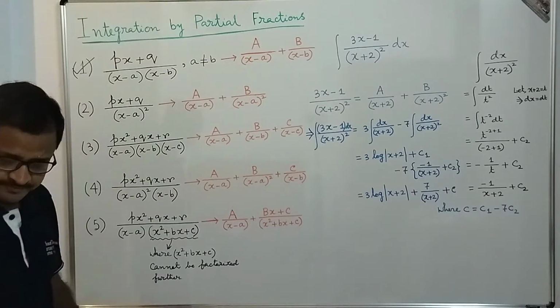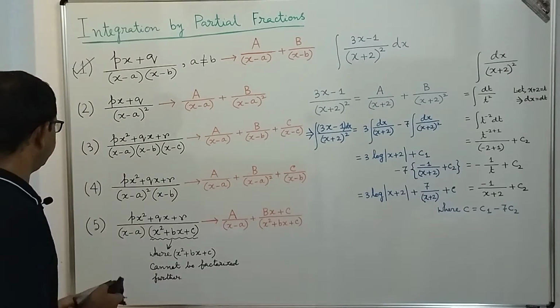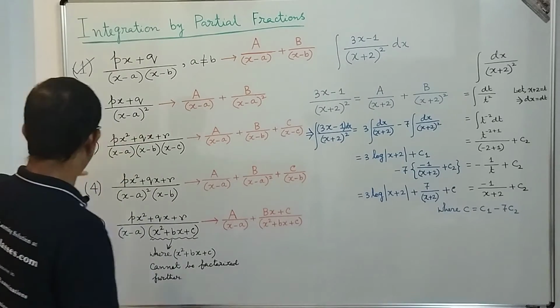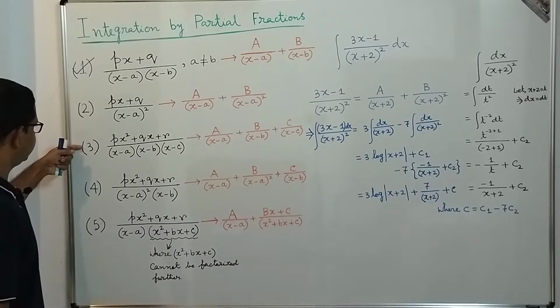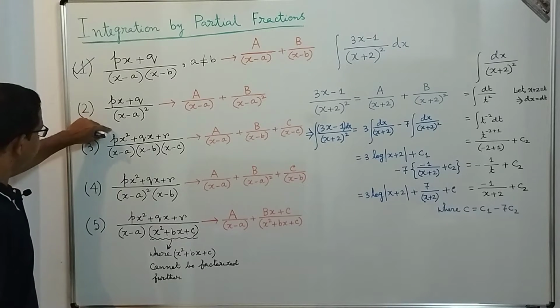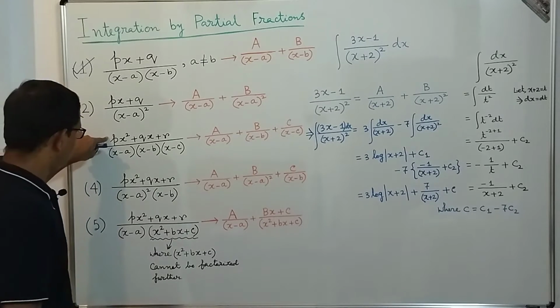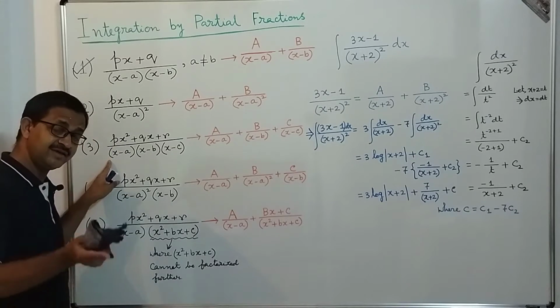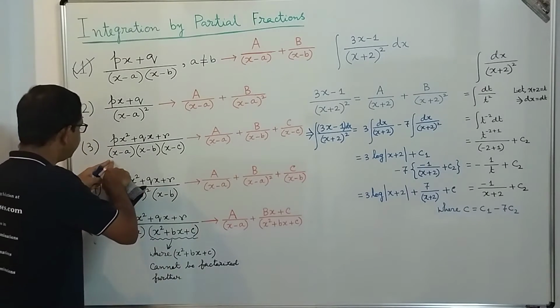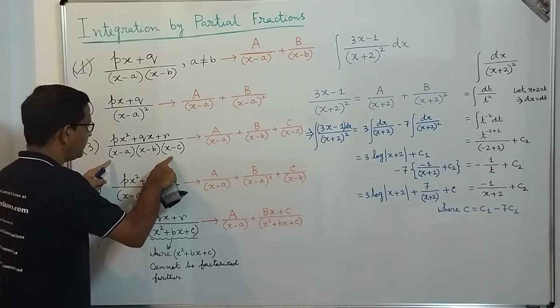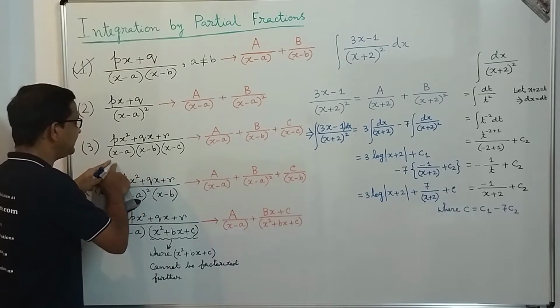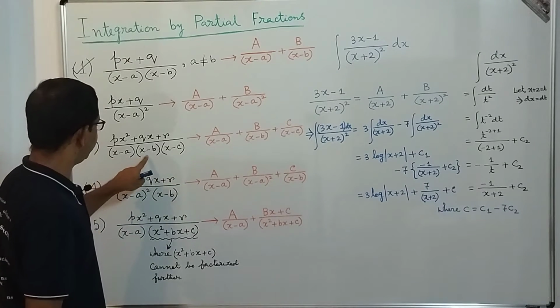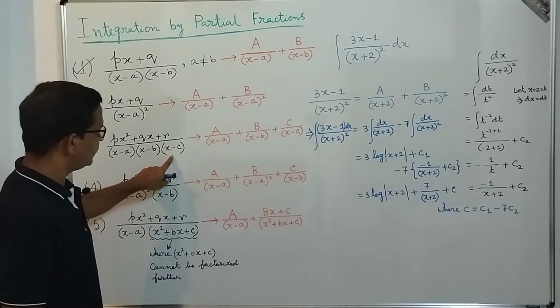Now let's look into the different categories, dear students. If you look into these categories, where the numerator is a quadratic polynomial and the denominator is a cubic polynomial, but it has been expressed as a product of three linear factors, that is (x minus a), (x minus b), (x minus c), then how should we write it?